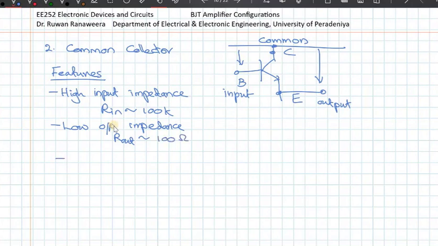Its voltage gain though is very low. Actually, it is very close to 1.